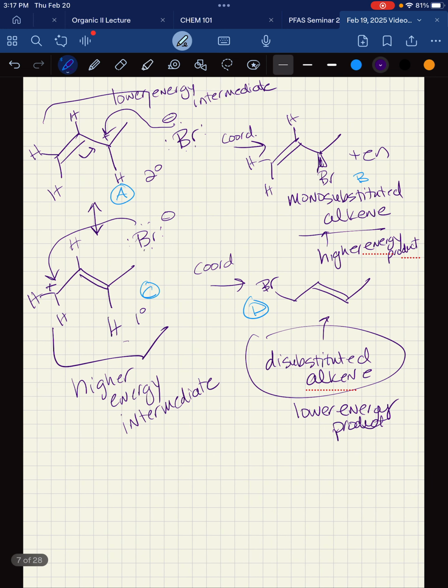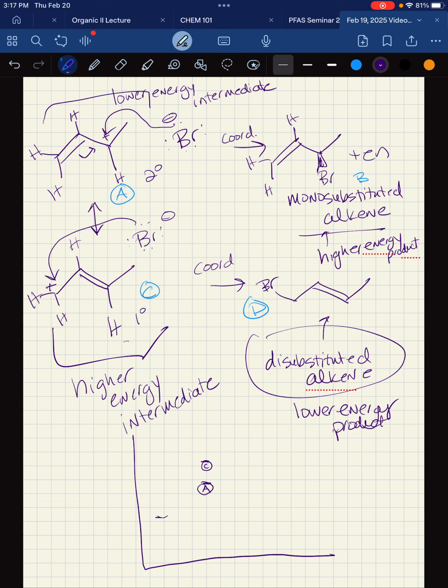Here I'm going to draw A to B in purple. So both of them are starting out at the same place with the same substrate. Now, A is going to give me a lower energy intermediate than C. So this is A and this is C.